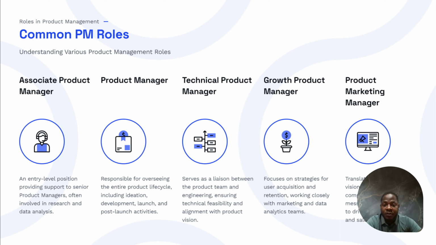you would be the go-to person. Now, as a product manager, you could be either a growth product manager or a technical product manager. I'll explain the difference. The technical product manager is someone that understands how the whole building of a product goes. So he understands a bit from a technical perspective.